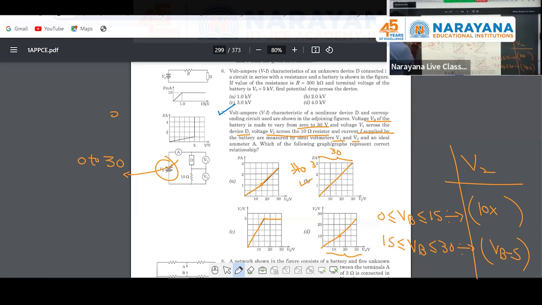So I will come out as 2 by 5 times V of this box. Is that fine? So 2 by 5 times V of the device is the current through the device, right? And this current into 10. So 2 by 5 times V device. Is that fine? Yes, we can write that, but the relation across the battery and its voltage we can write anyway. But with respect to the device, V2 can be written like this. And now you want to write it along with what you applied on the device, so how can we write?